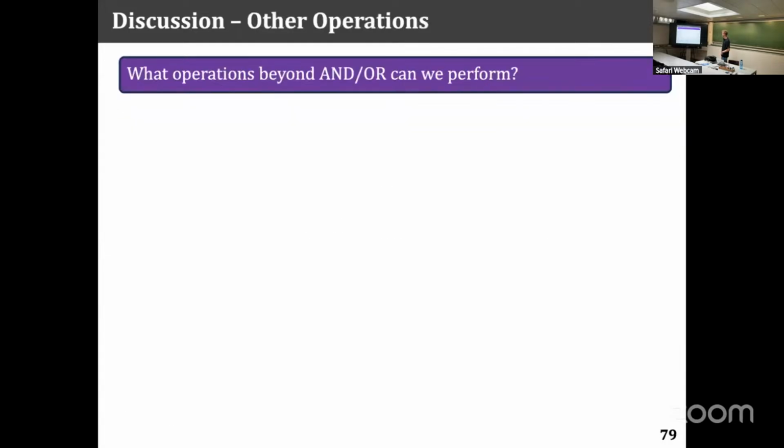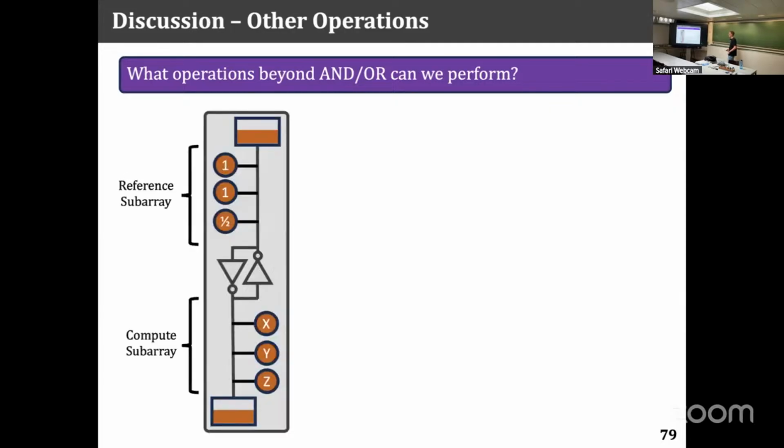Exactly. So another discussion point: I showed you how to do the AND operation using the comparator function of the sense amplifiers. So I showed you the AND. Let's start with how the reference subarray would look for an OR operation.